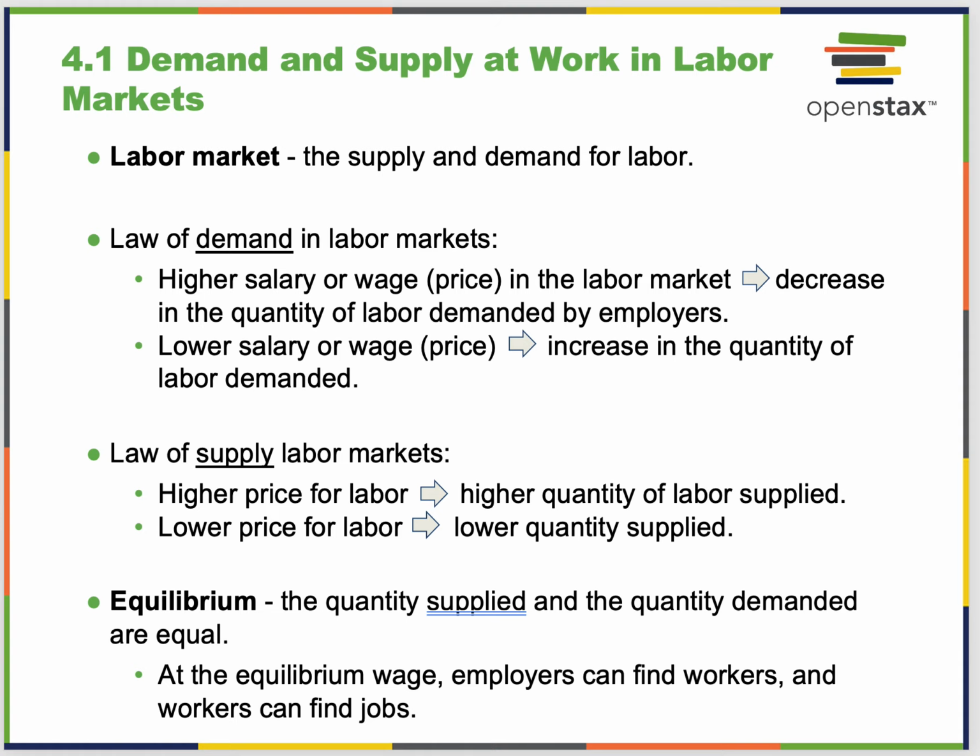The lower salary price increases the quantity demanded. Now the supply are the people looking for jobs. The higher the price for labor, the higher the quantity of people looking for that work. The lower the price of labor, the lower the quantity supplied. Equilibrium again occurs where the quantity supplied and the quantity demanded are equal. At the equilibrium wage, employers can find workers and workers can find jobs at that rate.